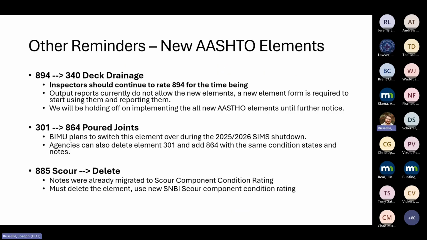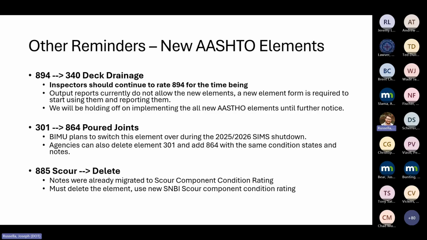So at last year's seminars, we discussed these new AASHTO elements that were coming out. They are causing some issues, just how Bentley has adopted them, how they bring them into the system. Previously, all of the element numbers were numbers only, and now some of them are alphanumeric.